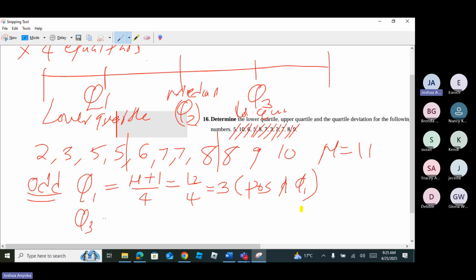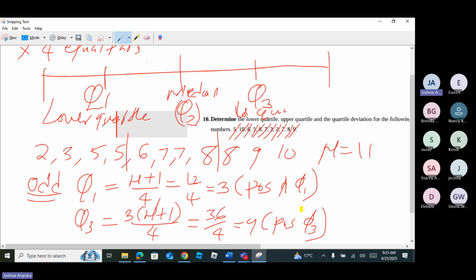Q3 is equal to 3 times (n plus 1) divided by 4. n plus 1 is 12, times 3 is 36, divided by 4, which is 9. So 9 is the position of Q3.